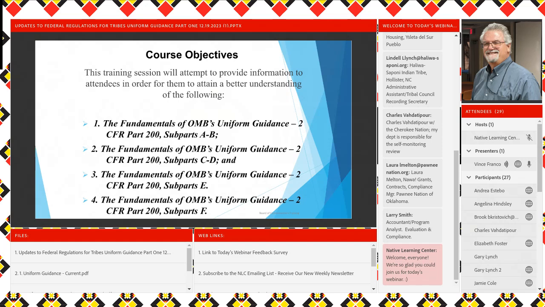Subpart B is referred to as general regulations. Now, probably 95% of subpart B applies to the federal agencies and not so much to us as recipients of federal funding. However, there are citations in subpart B that you need to be aware of. It's the OMB, the federal government, telling the different federal agencies how to treat us, what to do, what to expect, what to look for, what is risk, all of those kinds of things that trickle down to us as recipients of federal funding.